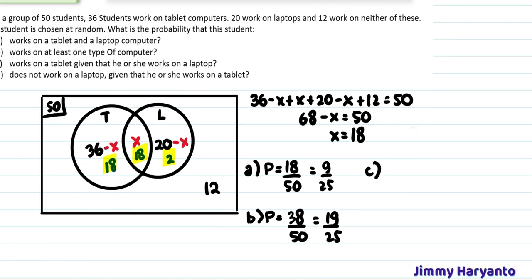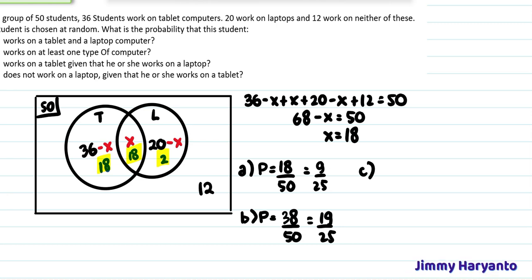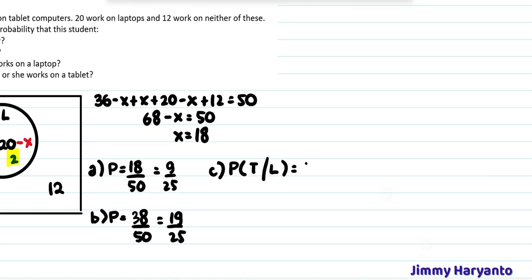C, works on a tablet given that. For these questions, you read given that. That means you have to use the formula. First is works on tablet, and then given that means slash works on laptop. That means the formula says the top one will be tablet intersect with laptop over probability of laptop.